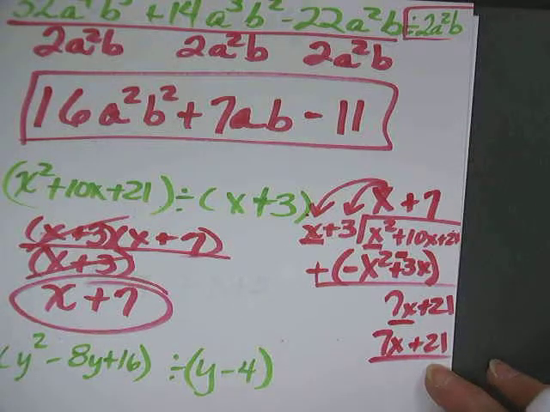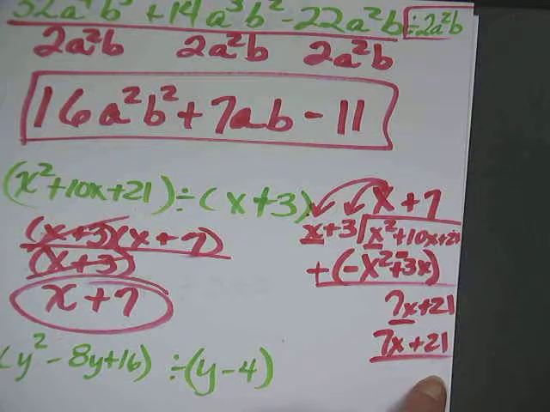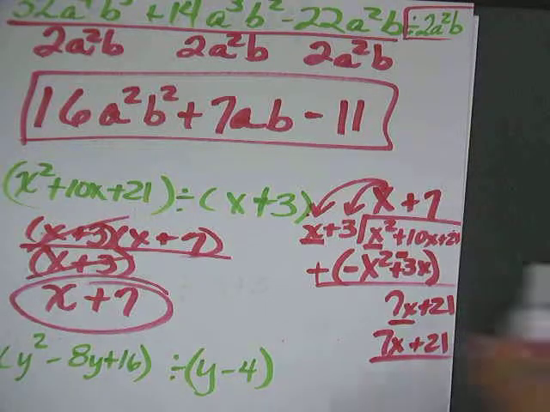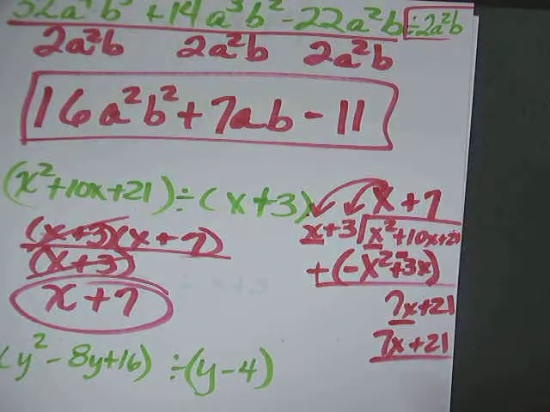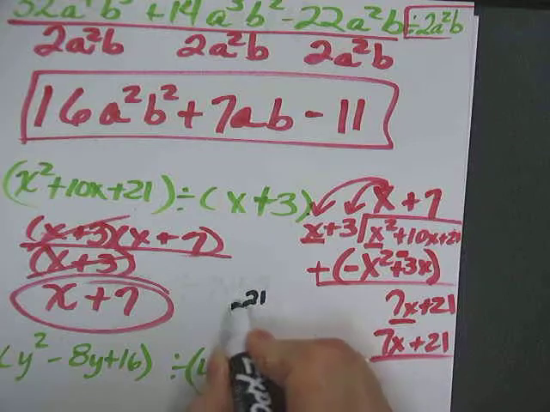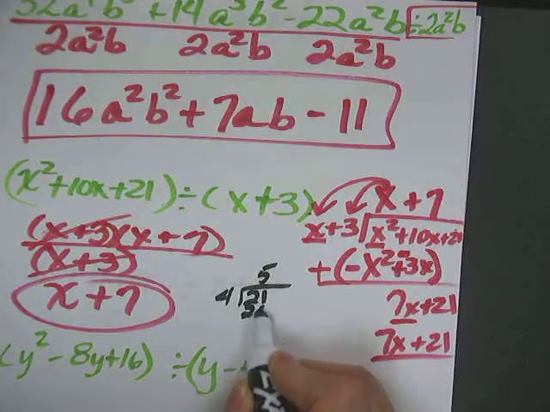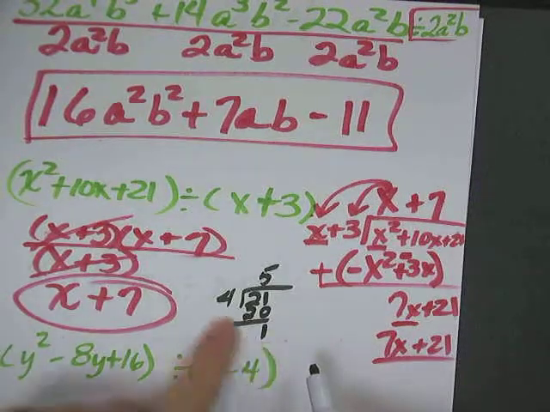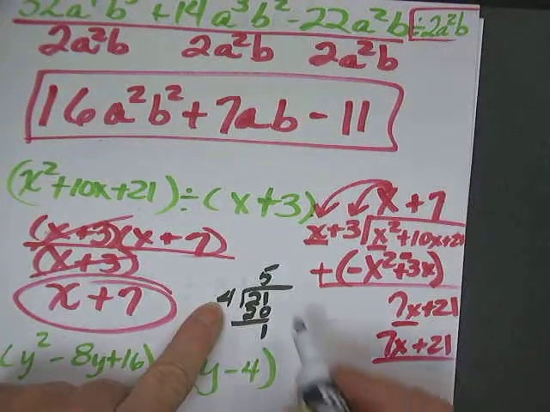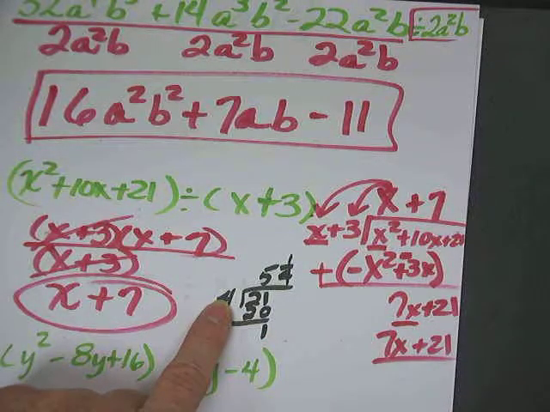If they factor, that's fine. They're not going to all factor though. So some of them will have a remainder. If there's a remainder, we'll put the remainder over this, just like you would have if you were dividing normal numbers. You remember how you do a fraction when you do normal numbers? If you did 21 divided by 4, you would do 5, you would subtract that, the remainder would go over this, right?